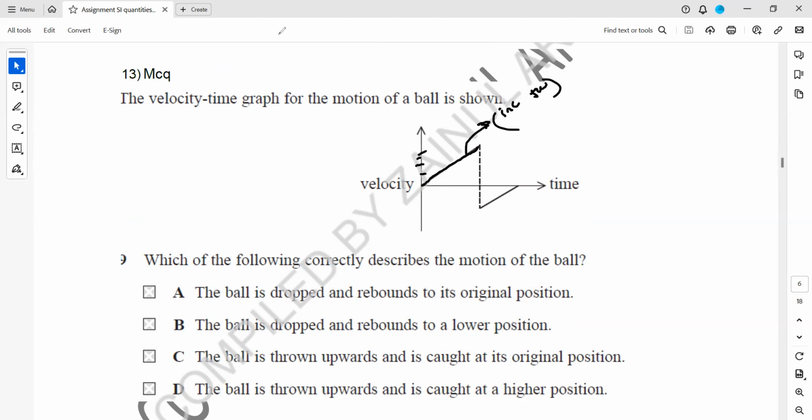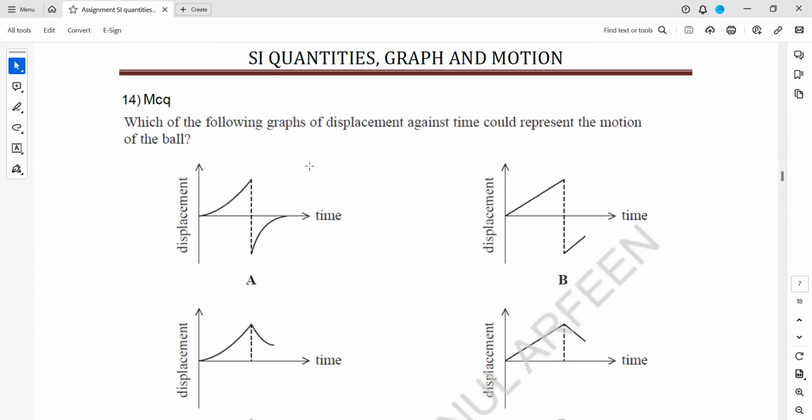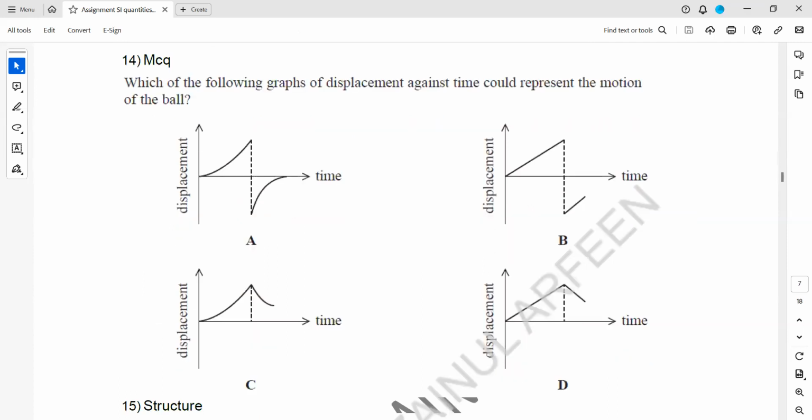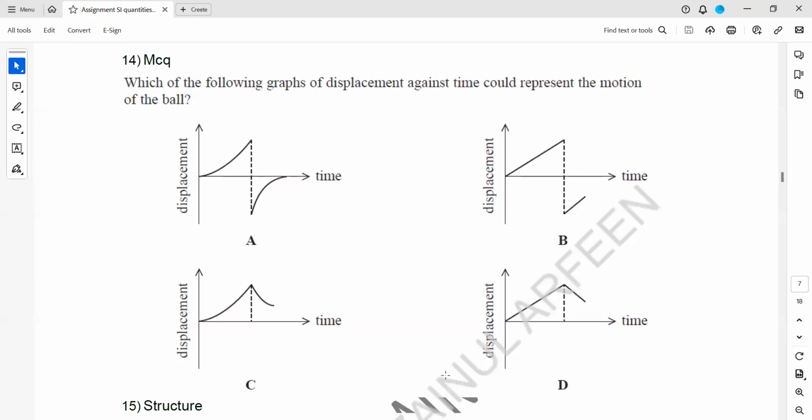So we have to check which displacement time graph it matches with. So what should happen for a displacement time graph? Because this is related to the previous question, how we know it's positive or negative.